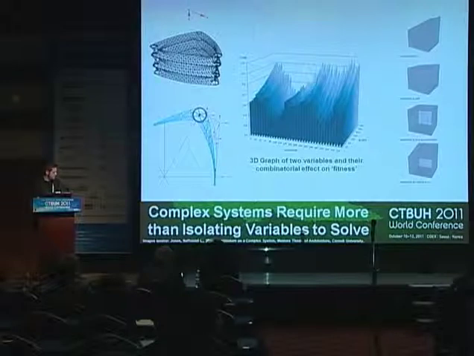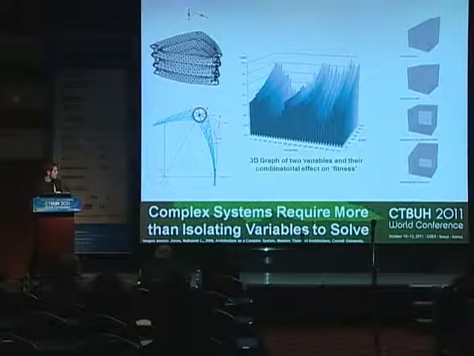Most of the problems that we're dealing with are complex problems, which is what evolutionary engineering is most useful for. Reducing problems like this or isolating variables doesn't work. This is a simple problem from a thesis by Nathaniel Jones where there are only two variables being modified: roof slope and rotation.